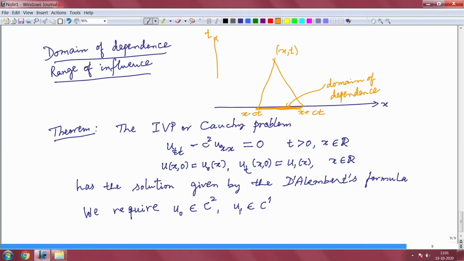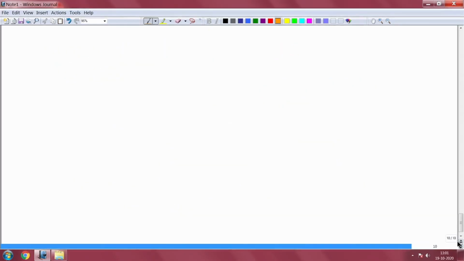That is how the finite speed of propagation comes into the picture. So, what is range of influence? That is another concept. We take a point y on the initial line t equal to 0, that is the x axis. Now we would like to see how the value of the initial data at this point influences the solution for a positive t.